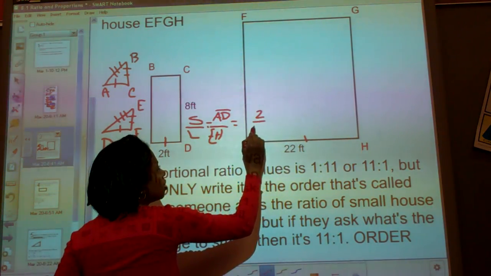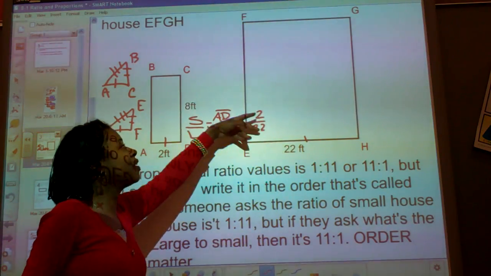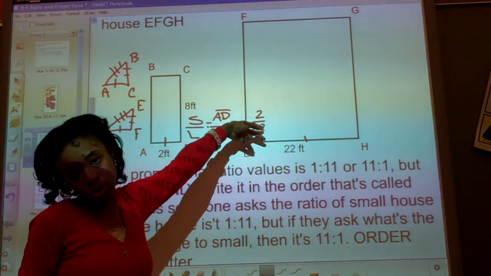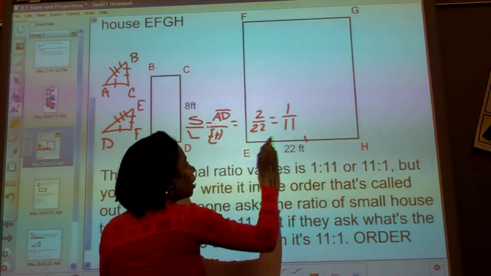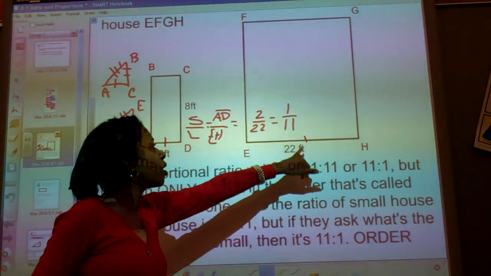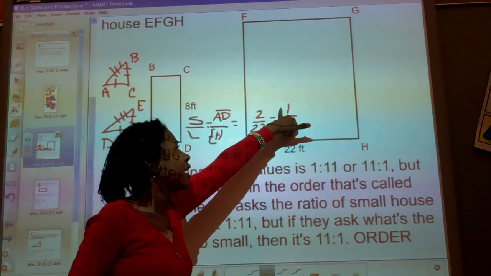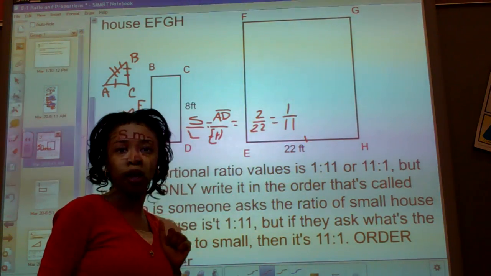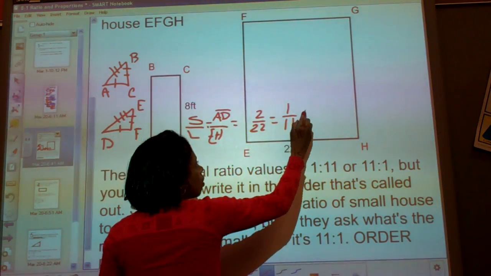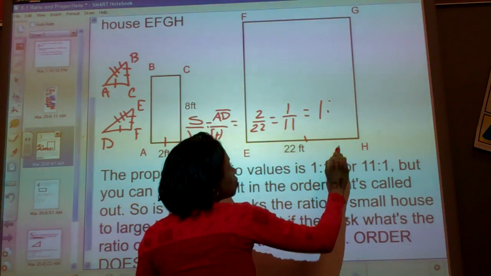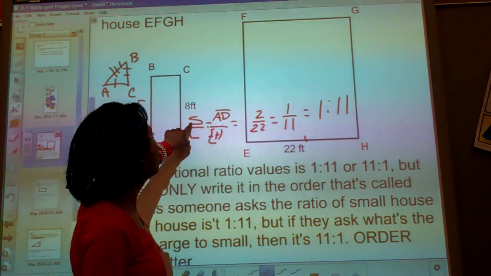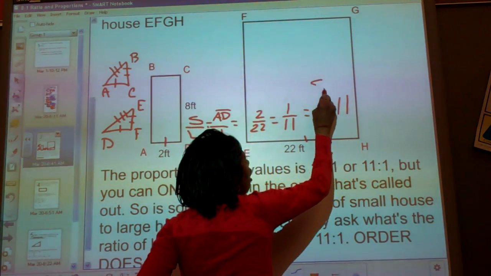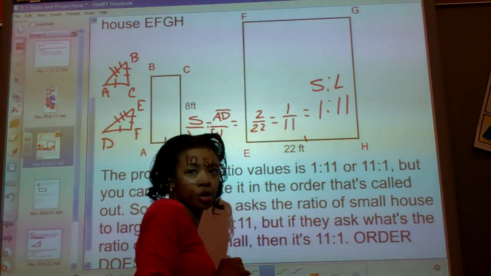I'm going to write this in here so you can see a little better. This ratio can be simplified to 1 over 11. And we know that ratios can be written as a fraction or with a colon, so it's the same thing as 1 to 11. When I'm comparing, obviously I'm comparing the small to the large.